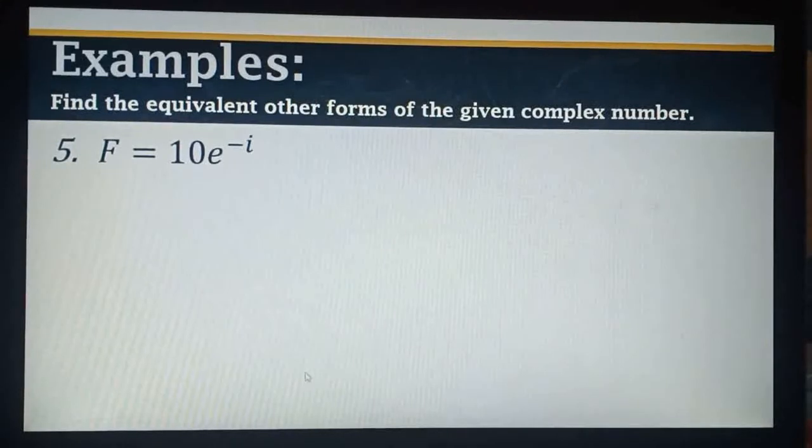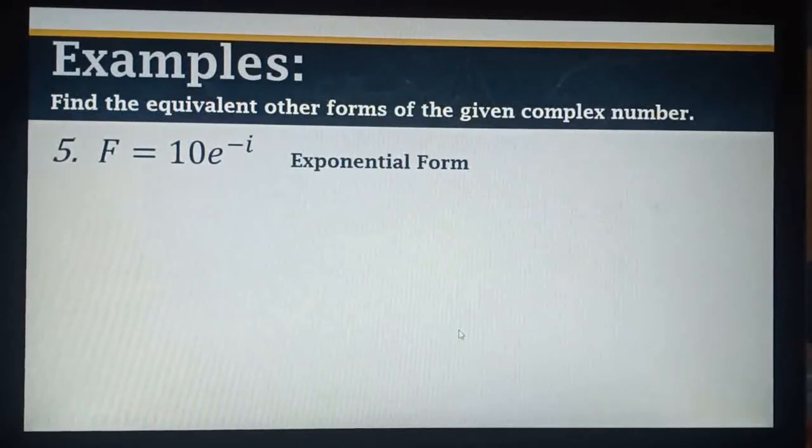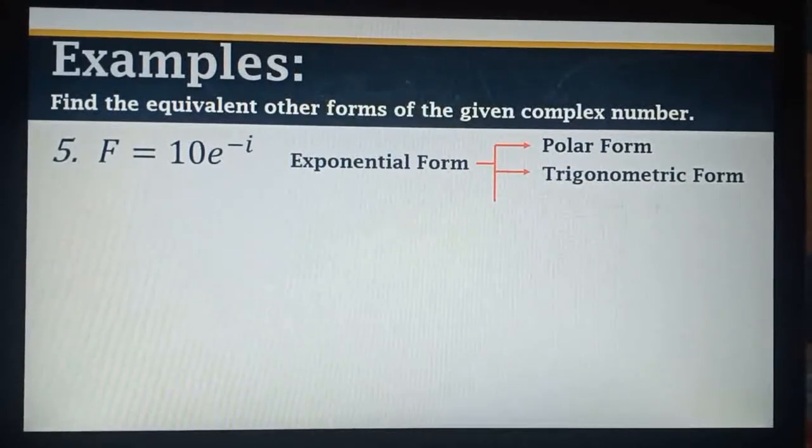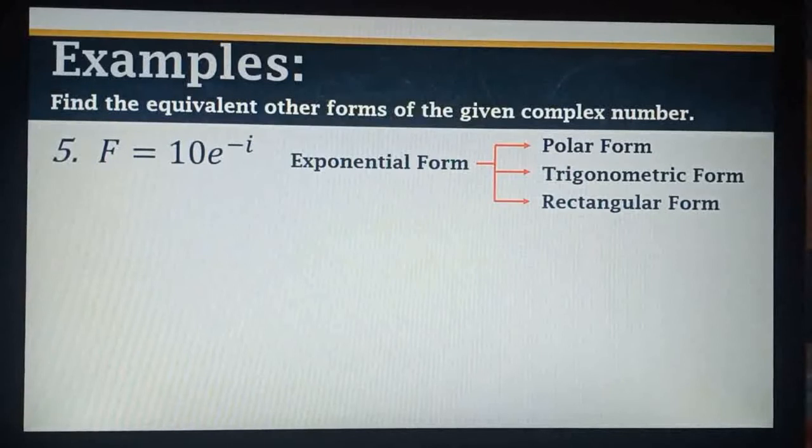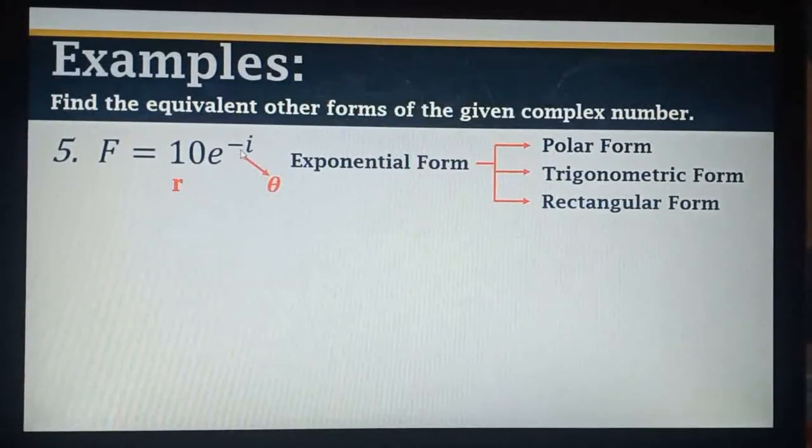Next example is example number 5. The given is complex f equals 10 e raised to negative I, which is in the format of exponential form. Now you have to get the polar form, the trigonometric form, and the rectangular form. So identifying the components, r is equal to 10, then the theta is equal to negative 1, but the theta is in radian.